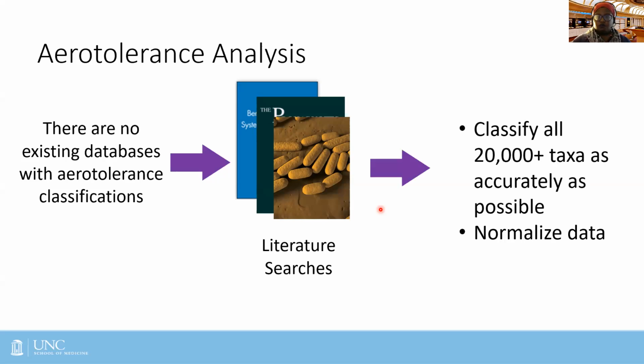And from these, we classified the 20,000 plus taxa that we got from our samples as accurately as possible, and then we normalized the data by patient to determine the relative abundance within the 5 categories of interest: aerobic, anaerobic, obligate anaerobic, and facultative.